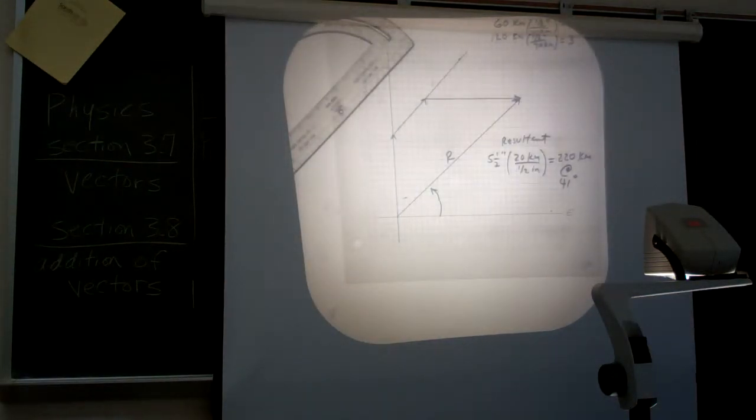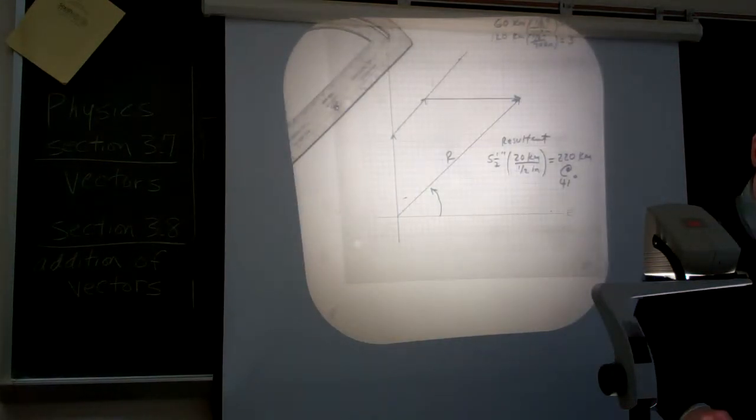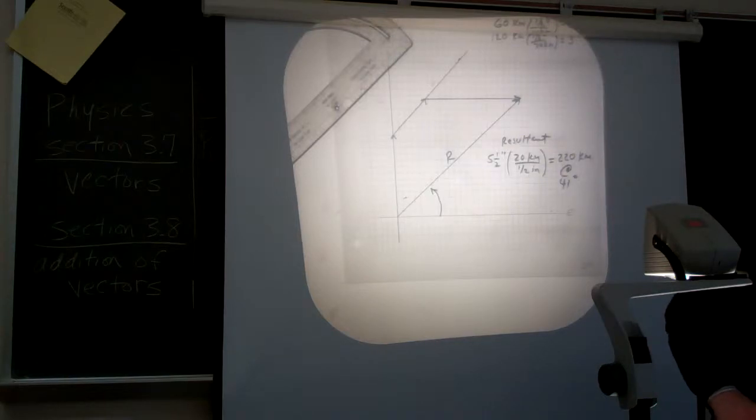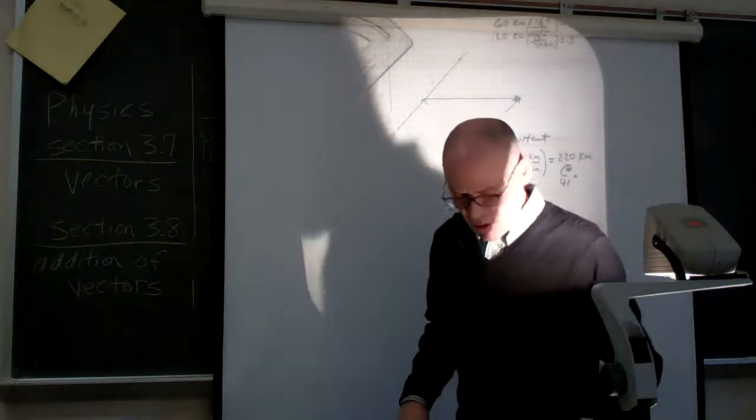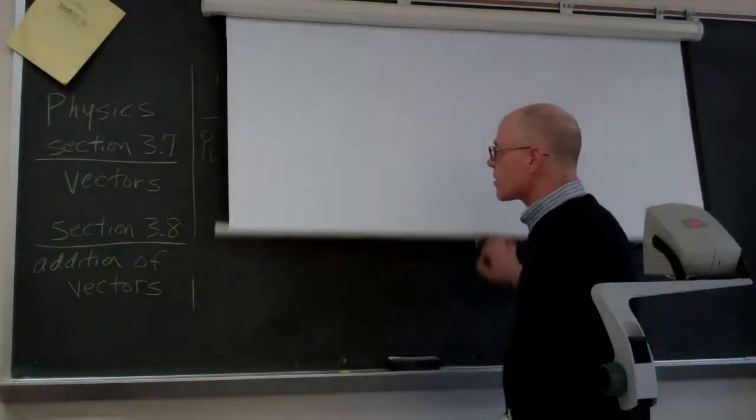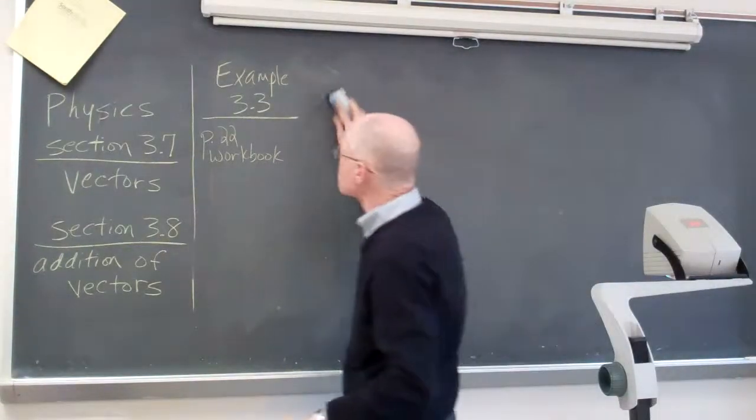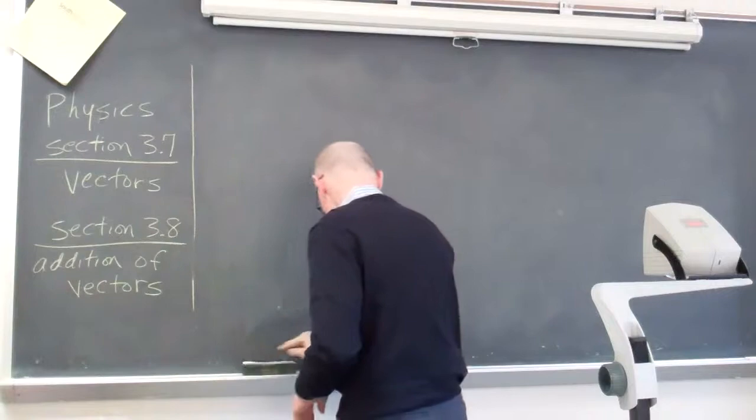Okay, so here's what I want to leave you with then. There is the parallelogram example, example 3.4. You can see the illustration of that. It's pretty simplistic. It's just two vectors involved there. And so what I'd like you to do for an assignment is to do problems 13 and 15. Let me write this up here, and this is on your schedule sheet that you have.